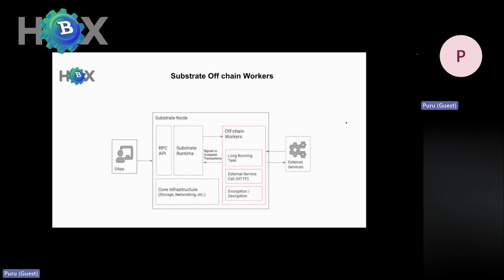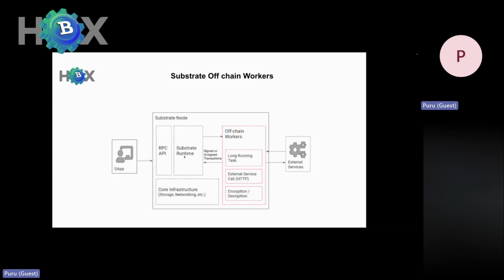Given all these things happen as external services, these off-chain workers can make an external call or do any task. Once the task is completed, these off-chain workers also have access to the chain, and with the help of a transaction, they can write the data back on the chain.